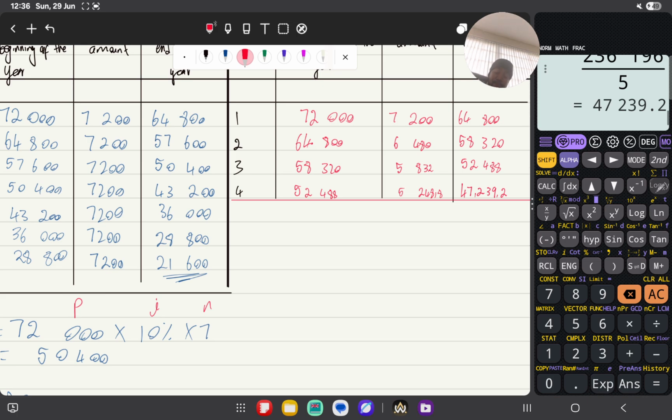Cool, cool. So compound interest is quite interesting, eh? So I want to show you something. Cool. So this is what we said, right? We said what we do is we take the value.